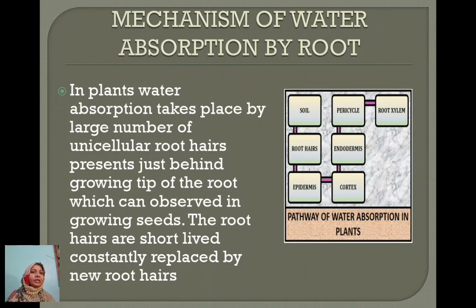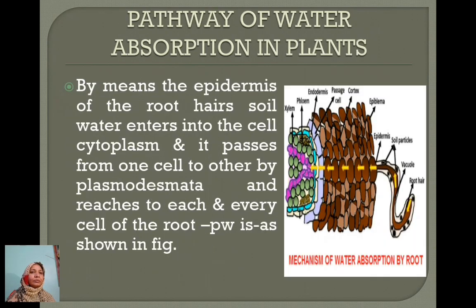The root hairs absorb the soil water, especially the capillary water, via their epidermis, and from the epidermis they supply this water to the cortex tissue by means of the plasmodesmata present in the neighboring cells.